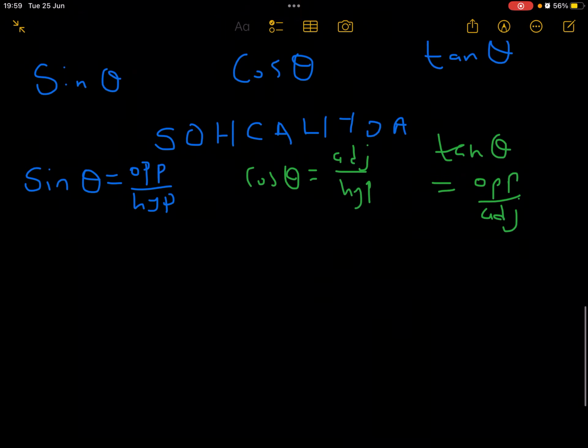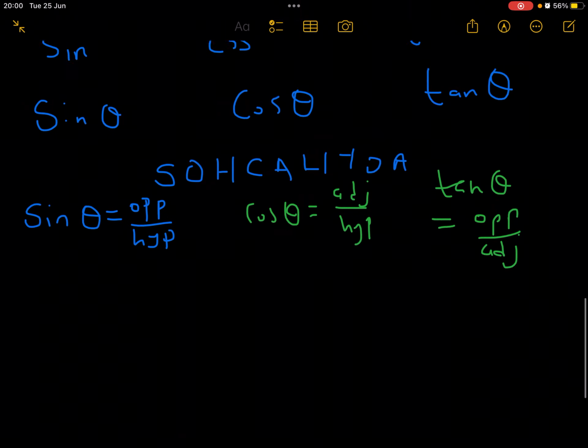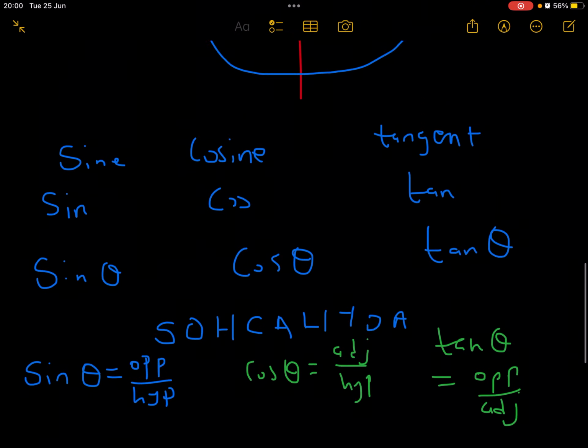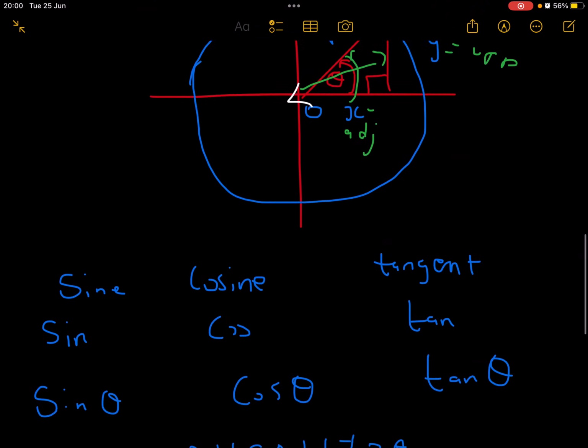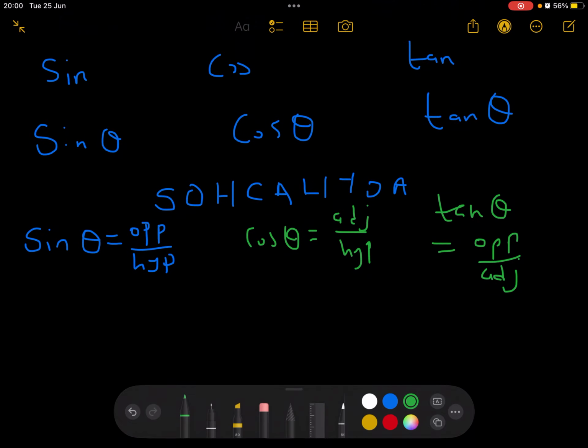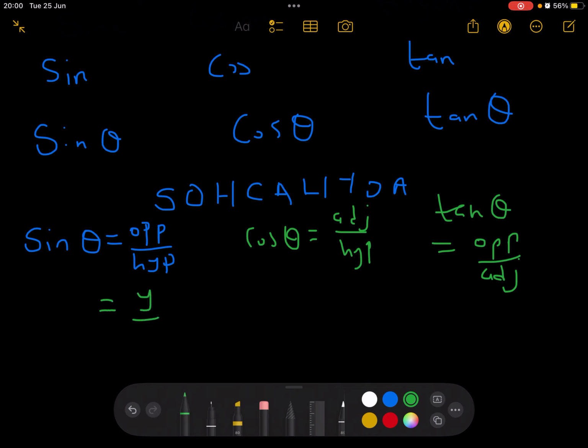According to variables, the opposite side is y, the hypotenuse side is r, and the adjacent side is x. So defining the trig ratios according to variables: sin theta is y over r, cos theta is x over r, and tan theta is y over x.